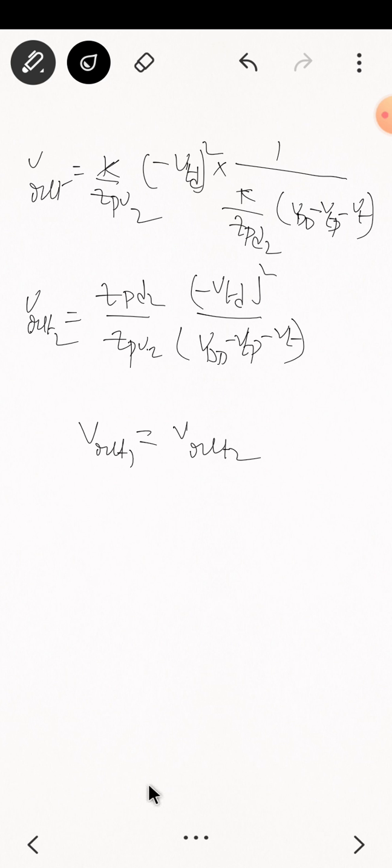V out 1 is equal to, actually I'll get here 2. This will also get 2.